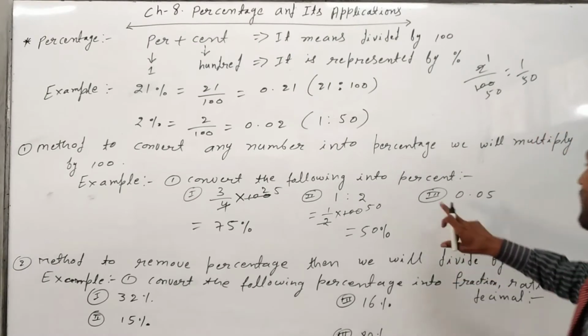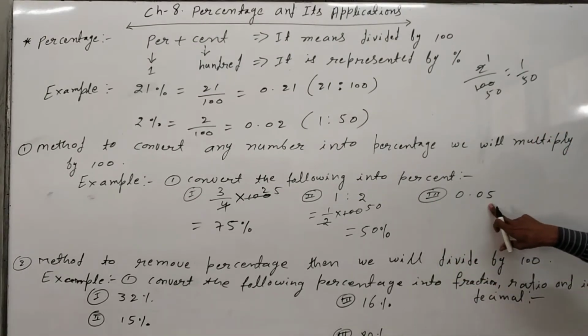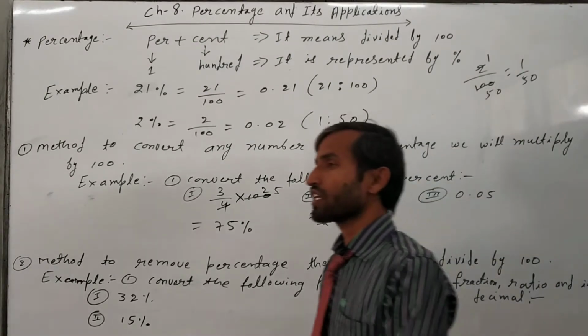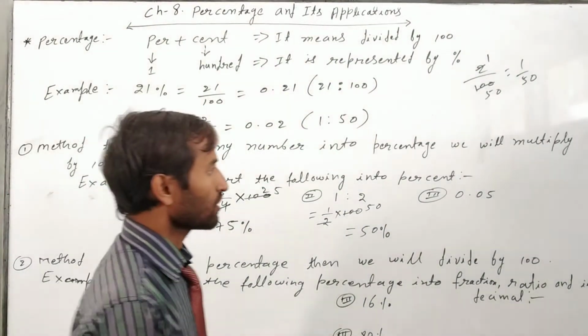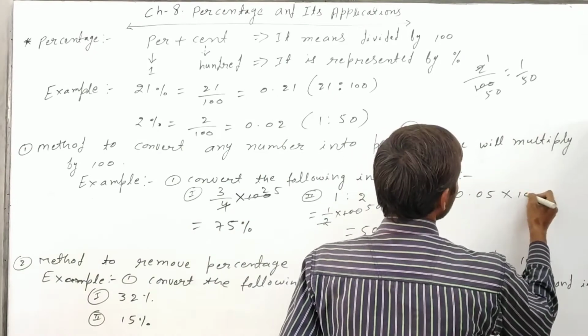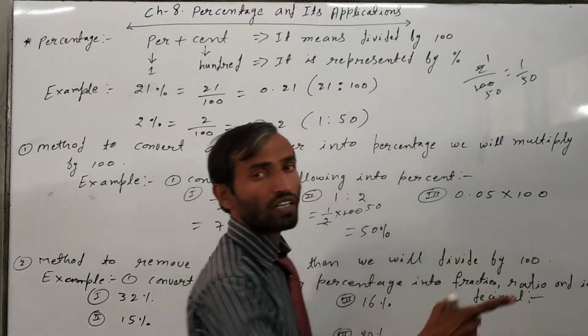Now here 0.05, this one is a decimal. We have to convert this decimal into percentage. For that we have to multiply by 100.